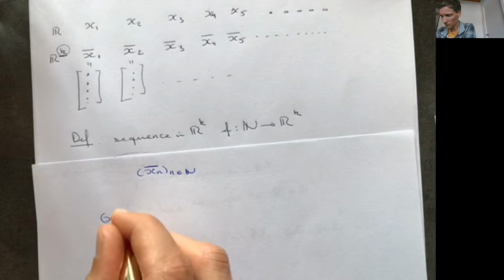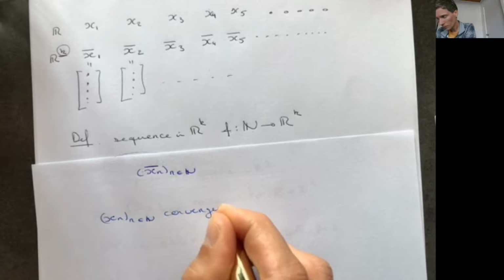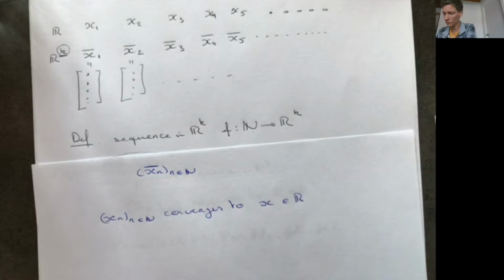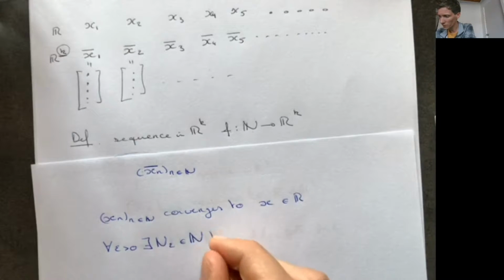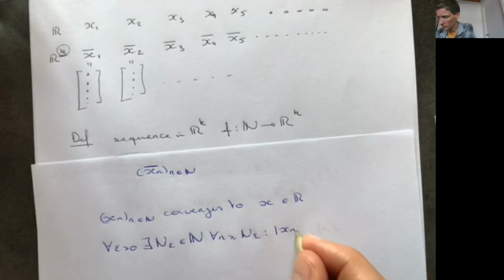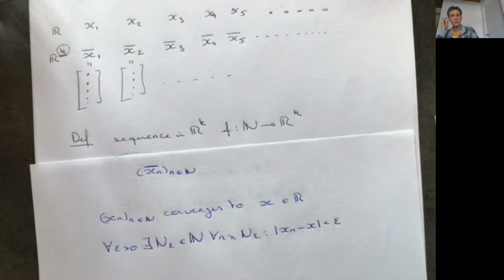Remember, the sequence of numbers x_n converges to a number x in R if the following definition was satisfied. For every epsilon bigger than 0, there was a number N_epsilon in the natural numbers, and then for all n greater or equal to this N_epsilon, the distance between x_n and x was smaller than epsilon. Okay, so this was the definition of convergence of a sequence in R.